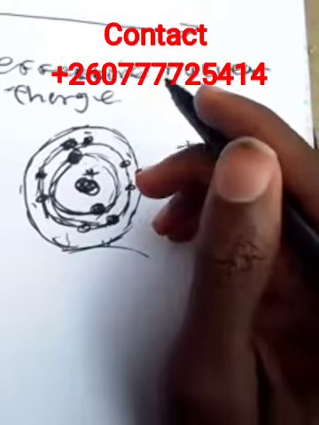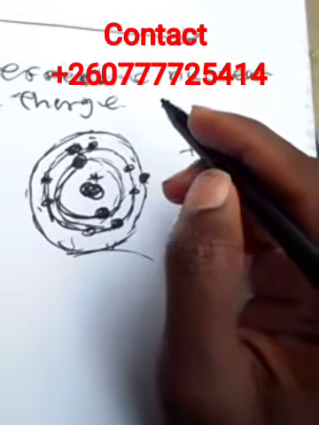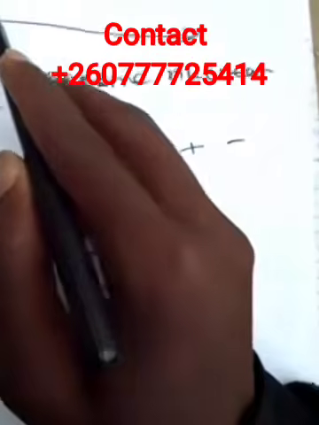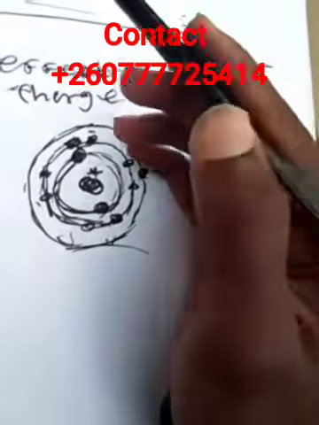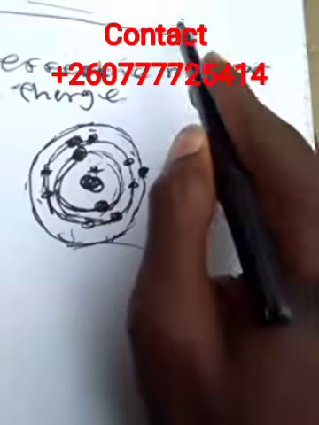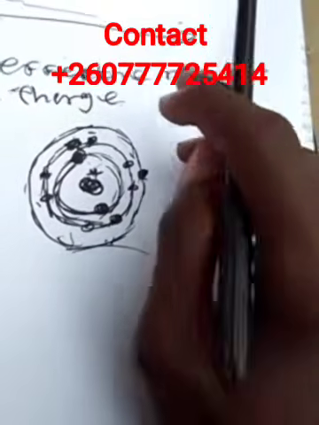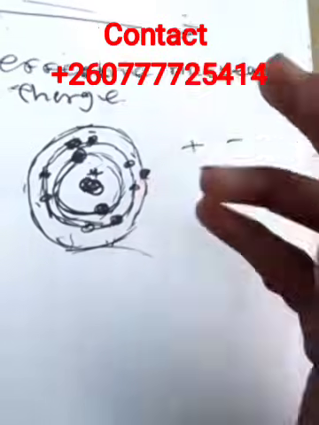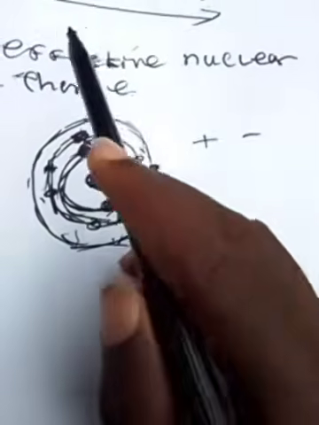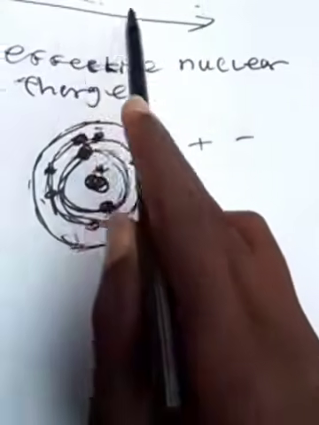So now that effective nuclear charge increases as we go from left to right. Now, why does it increase? Okay, let me not talk about the electrons.